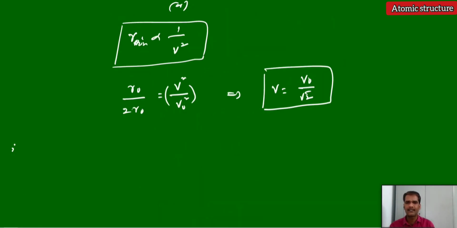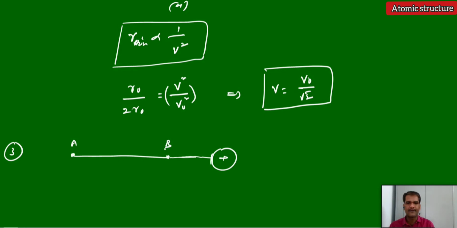Let's see the third one here. We have to calculate again the velocity at a point. Again at point A, the alpha particle is moving from infinity, and this is the point B. We know the distance of closest approach to the gold nucleus.